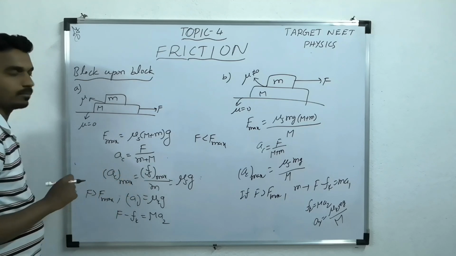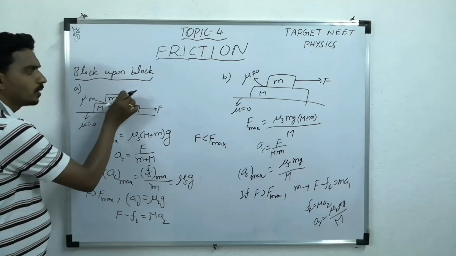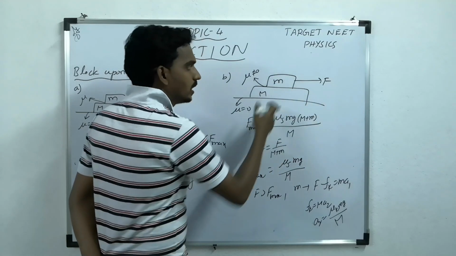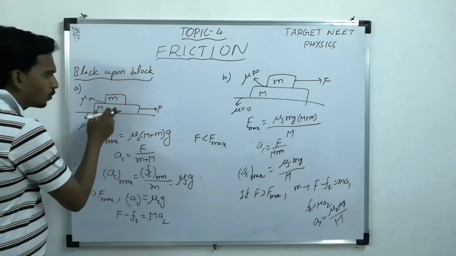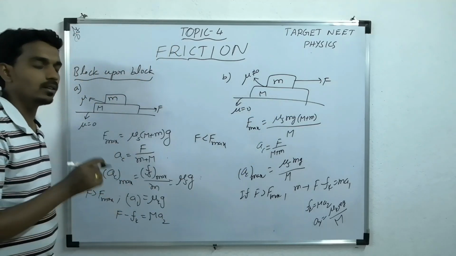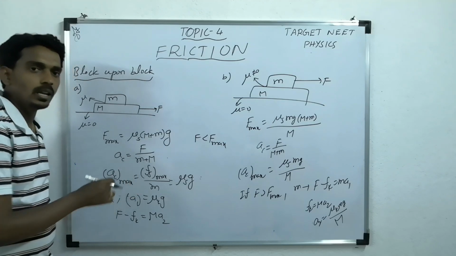Now when the friction reaches its limiting value, F reaches F max, and then comes the maximum common acceleration. This block is moving only because of friction. Here we are pulling this, but this one is moving just because of limiting friction.